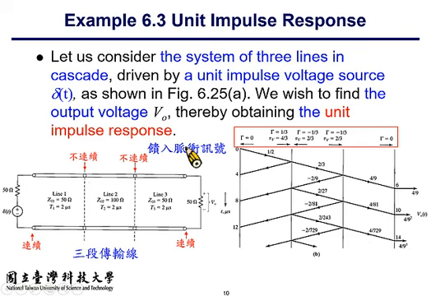It will become 50 minus 100 over 150, so it's minus 1/3. And how about the corresponding transmission coefficient tau 2 1? Again, 1 plus gamma, so it's 2/3.